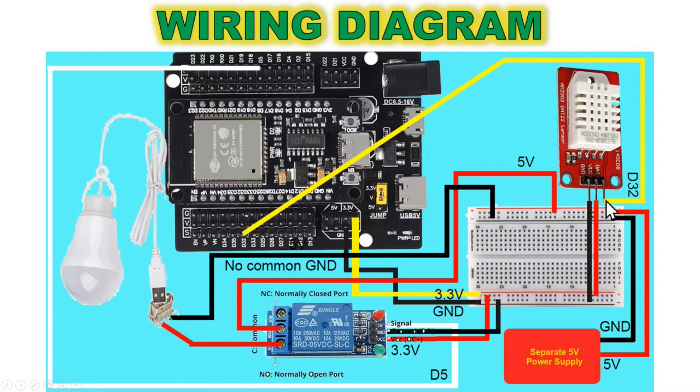Next, the 3.3 pin of the ESP32 expansion board, which is this one, is connected to the positive pin of the small breadboard. The ground pin from the ESP32 expansion board is connected to the negative pin of the small breadboard. The ground pin of the type A female USB port is connected to the negative rail of the small breadboard.